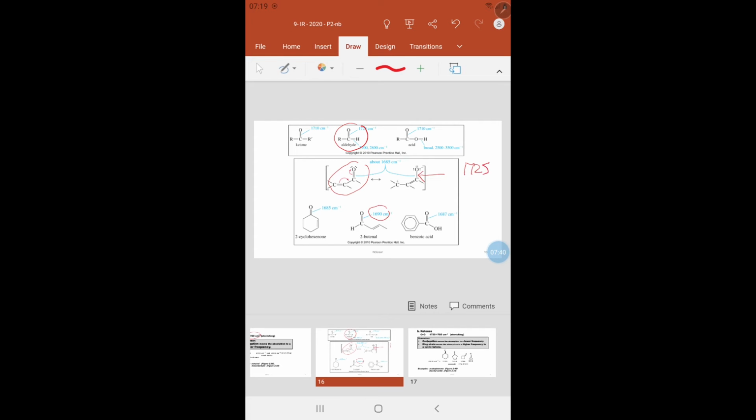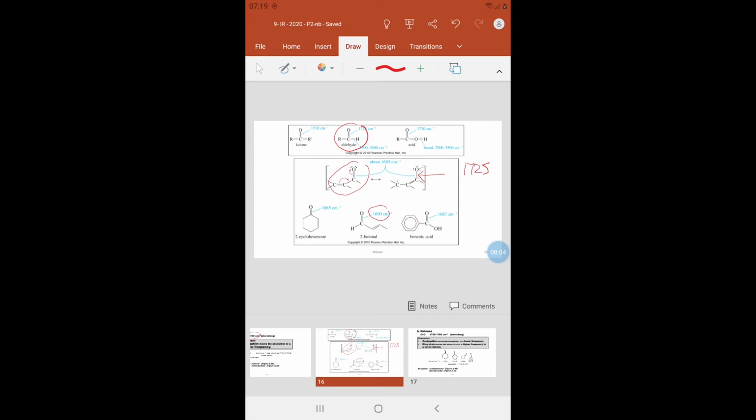When you have a conjugation, it's normally less 30 or 25 cm-1 from the normal one. Normal one is the one that you get from the correlation chart. Anything that has the conjugation is not stated in the correlation chart, but you know that the carbonyl frequency is lower. Why is the frequency of the carbonyl lower?